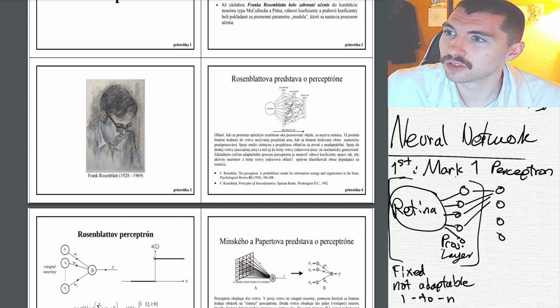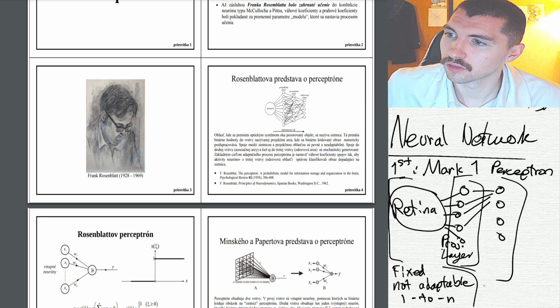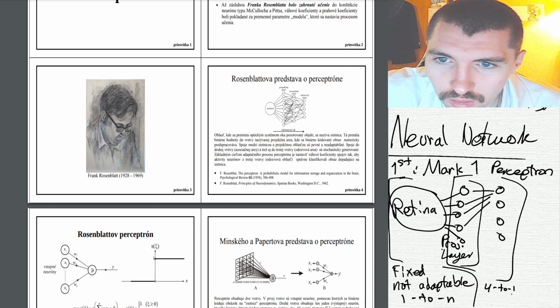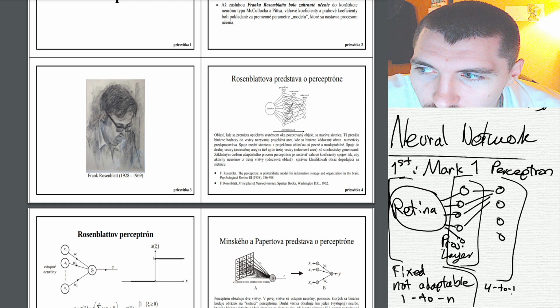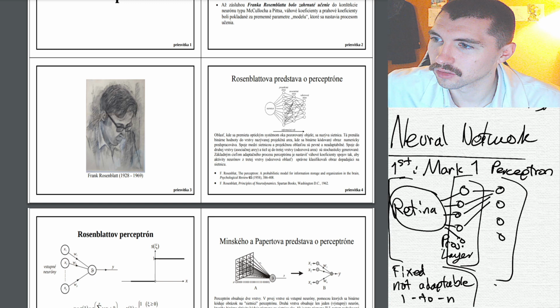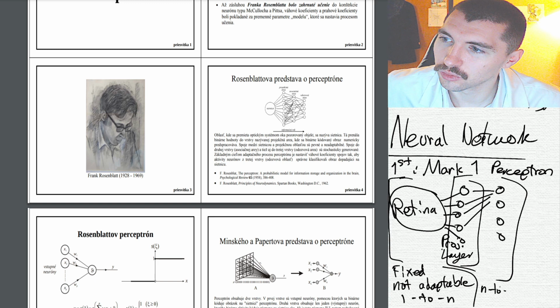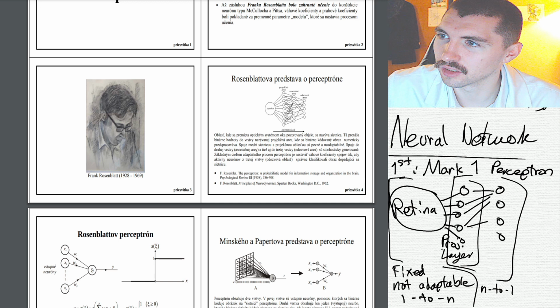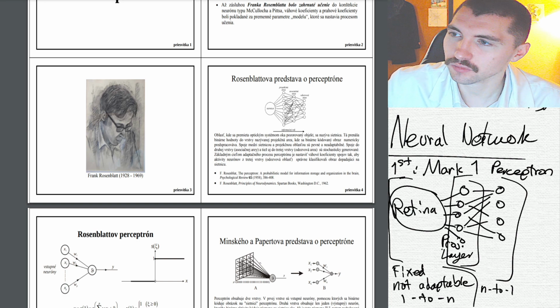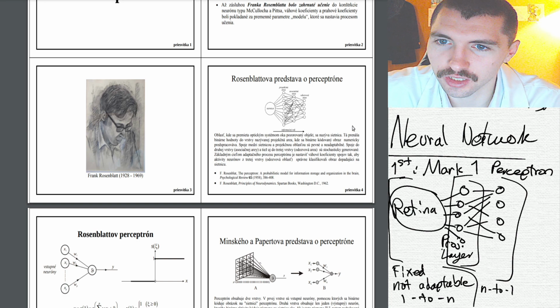So this is n to 1. So it's not necessarily one-to-one. So it's 1 to n and then n to 1.